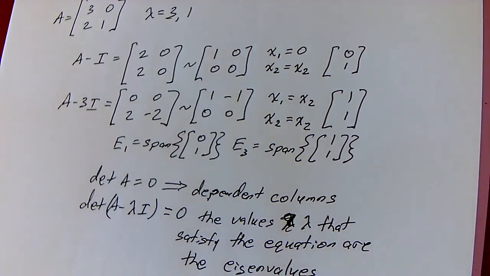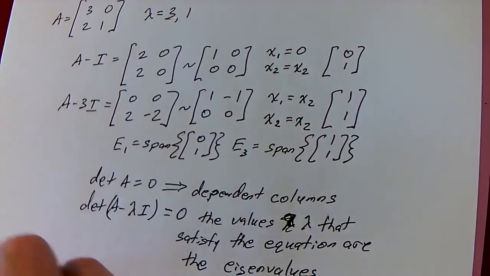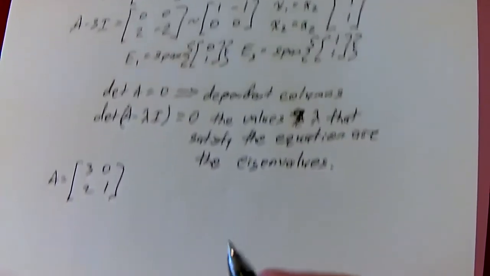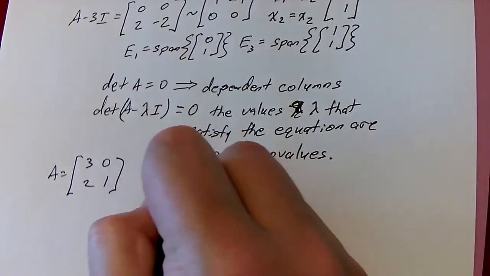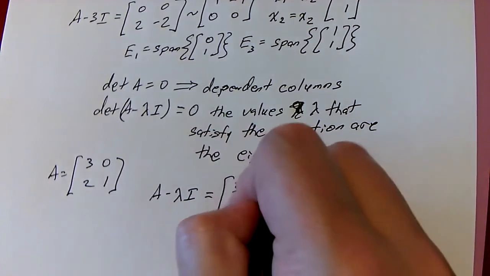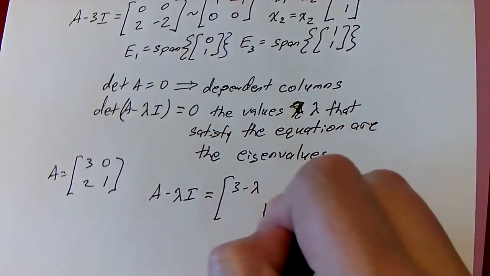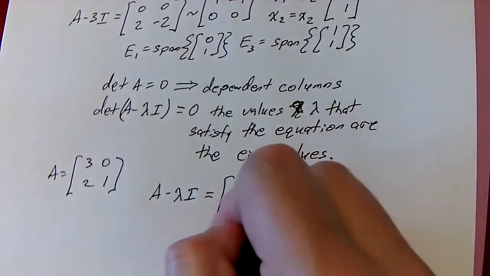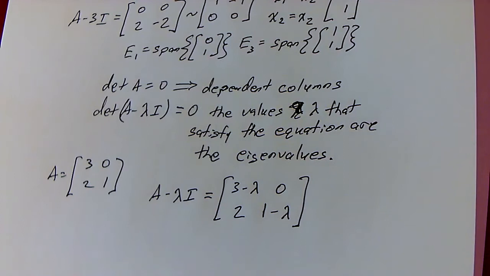Okay, so if I look back at my matrix A here, my matrix A was 3, 0, and 2, 1 for the rows. If I then go to A minus lambda I, I'm going to get 3 minus lambda and 1 minus lambda on the diagonal. My other locations stay the same, 0 and 2.